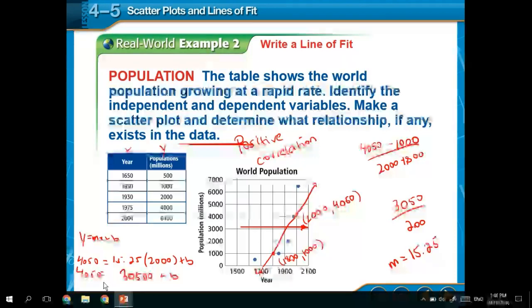So I subtract 30,500 from each side, and I get negative 26,450 is my b. So that means my equation is y equals 15.25x minus 26,450. Okay, so once I have the equation, I can use that for later.